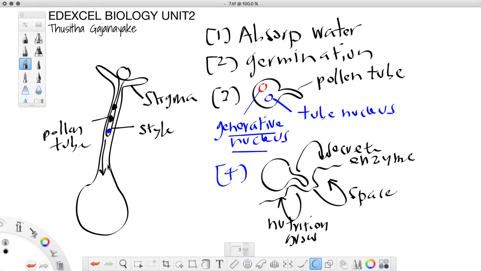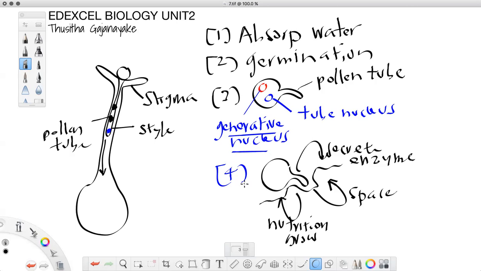Okay, so just to summarize, number 1, pollen grain deposit on the stigma is called pollination. Then it absorbs water, and the process of growth of the pollen grain is called germination, and it makes the pollen tube, and inside it has two nuclei, generative nucleus and tube nucleus.